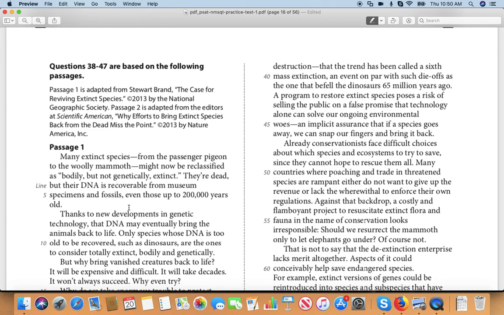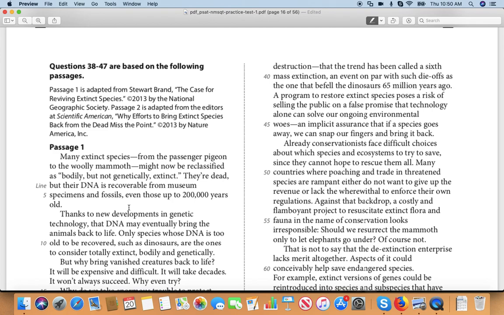Many countries where poaching and trade in threatened species are rampant either do not want to give up the revenue or lack the wherewithal to enforce their own regulations. Against that backdrop, a costly and flamboyant project to resuscitate extinct flora and fauna in the name of conservation looks irresponsible.